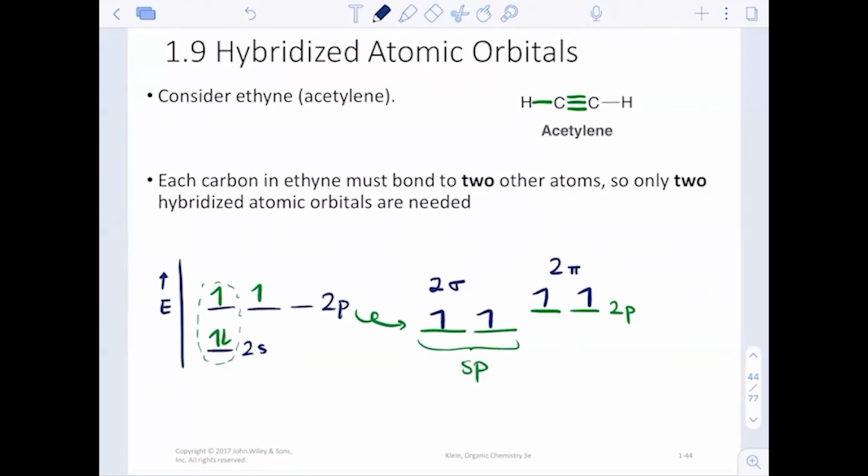There's always only one sigma. So that carbon and this carbon are sp hybridized. Excellent. So if we wanted to think about the three bonds, there's always going to be one bond that is sigma.